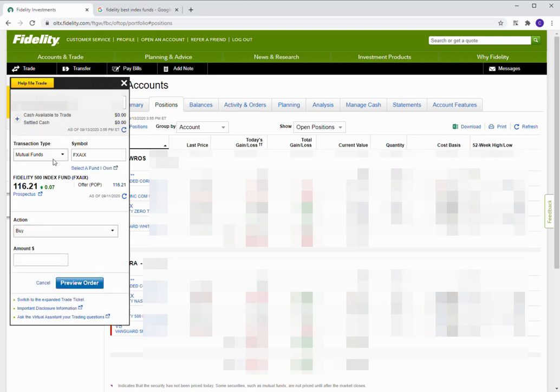Up top, we have to tell it which account we want to buy with if we have more than one account. And this gives us the price. Per share, we're looking at $116.21. The action is going to be buy. Then we put in the amount that we want to invest, preview order, and then we're done.